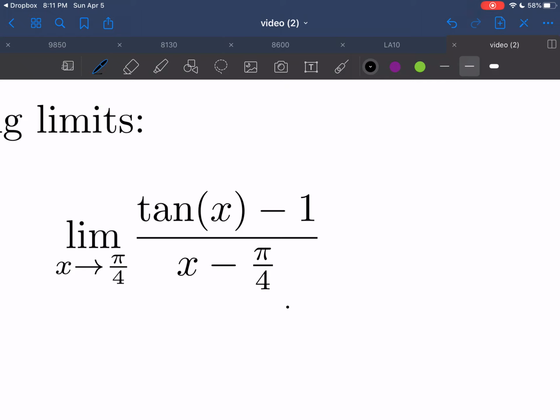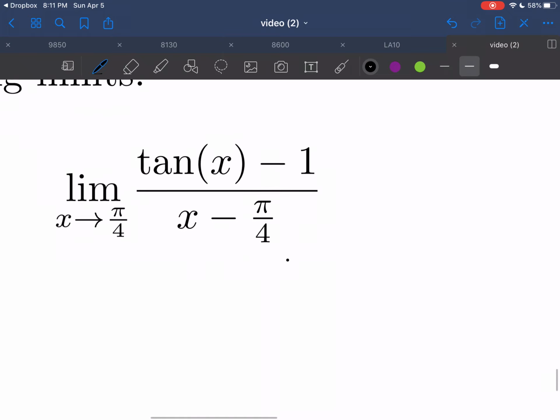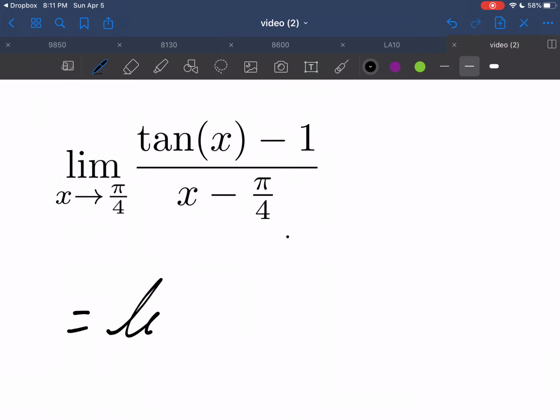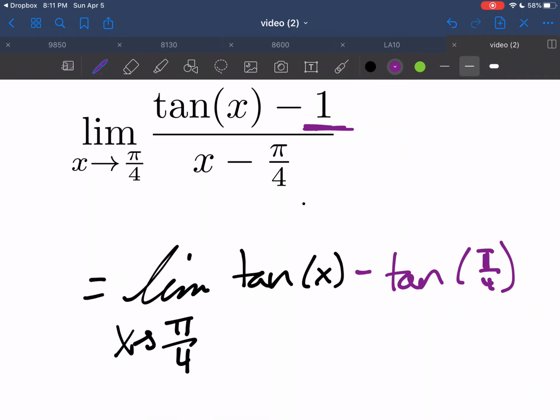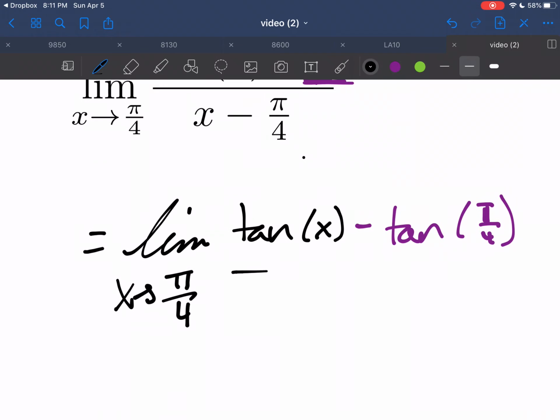Okay, we also know that tangent of pi over 4 is equal to 1. So we can rewrite this as the limit as x approaches pi over 4 of tan of x minus tan of pi over 4, because that's equal to 1, divided by x minus pi over 4.